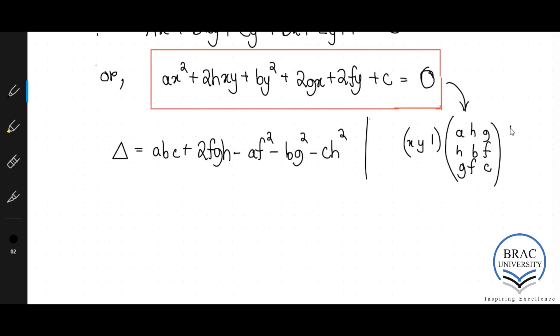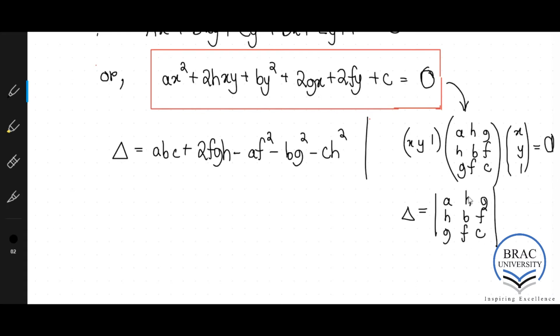These are multiplied by the column vector (x y 1), and this equals 0. This is just a matrix representation of the second degree equation. And delta is in fact just the determinant of this matrix of coefficients. This is the reason why we used this form of the equation.